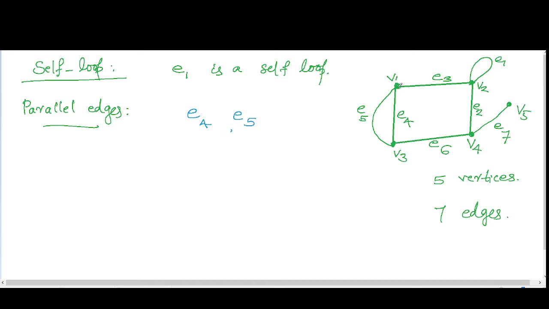What are the end vertices here? Both have the same end vertices, V1 and V3. So E4 and E5 are parallel edges. Parallel edges are edges having the same end vertices.